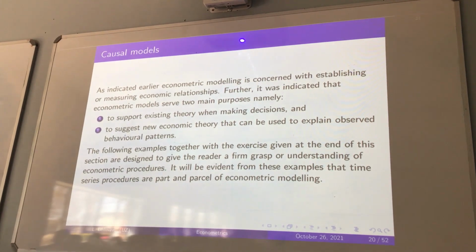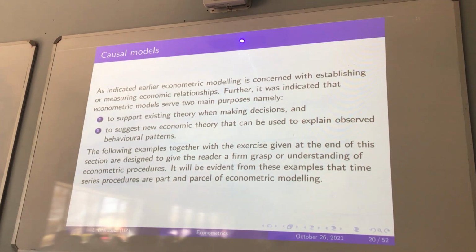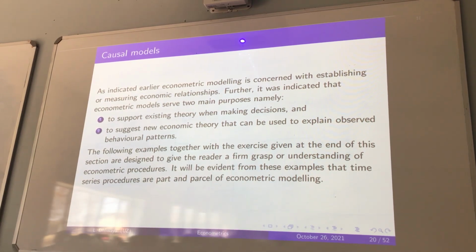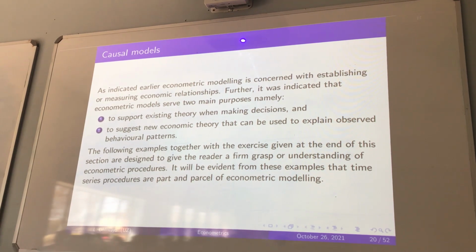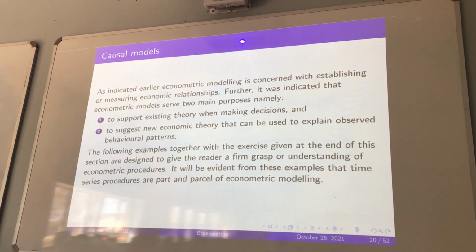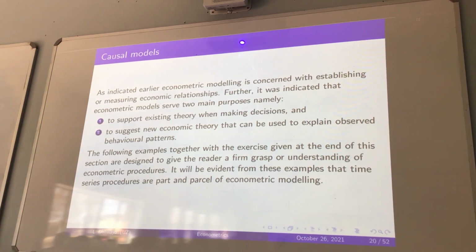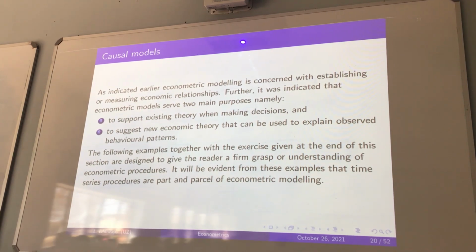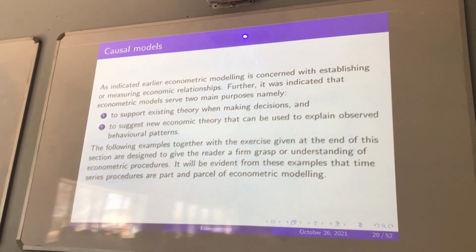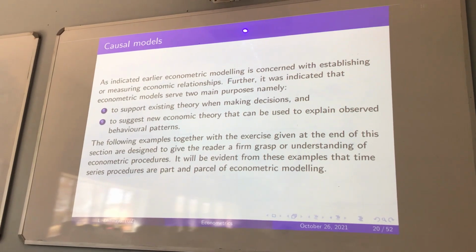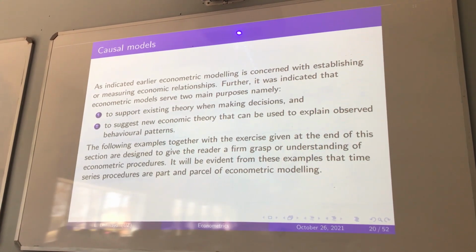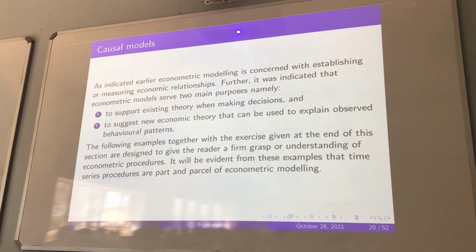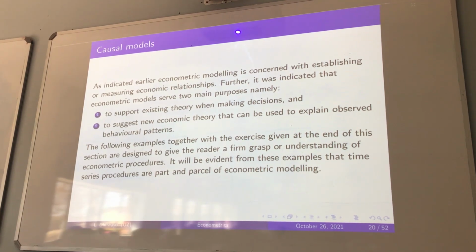Then, number 2, to suggest new economic theory that can be used to explain observed behavioral patterns. The following examples, together with the exercise given at the end of this section, are designed to give the reader a firm grasp of the understanding of econometric procedures. It will be evident from these examples that time series procedures are part and parcel of econometric modeling.